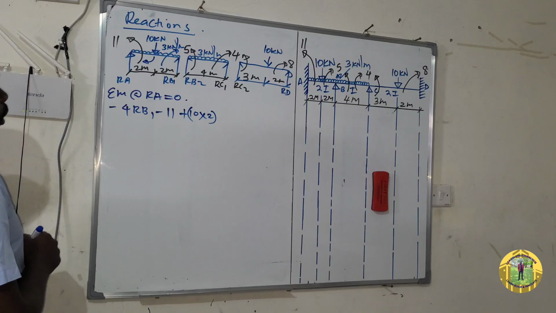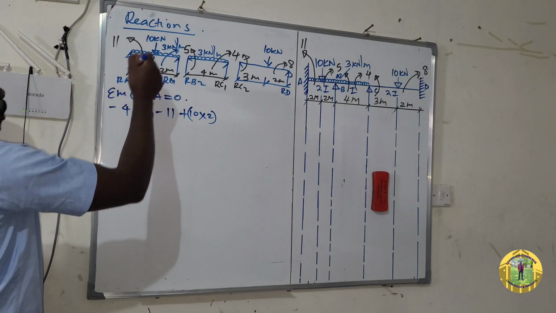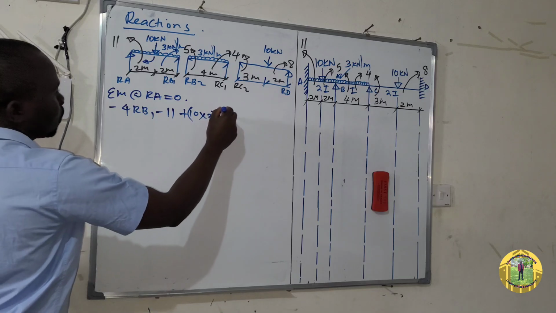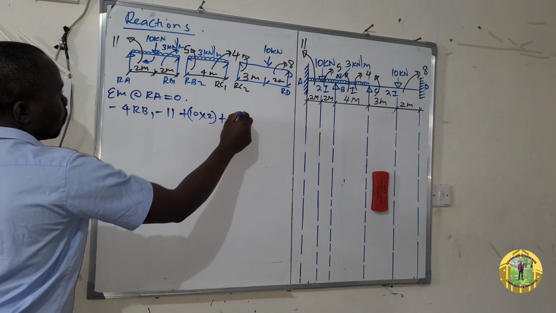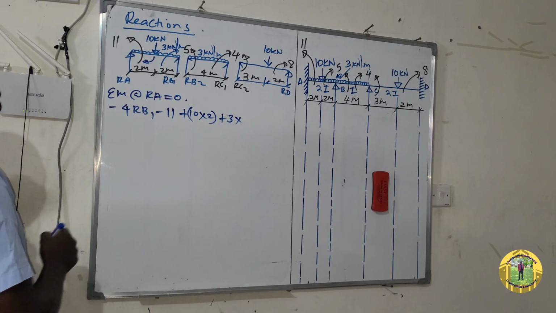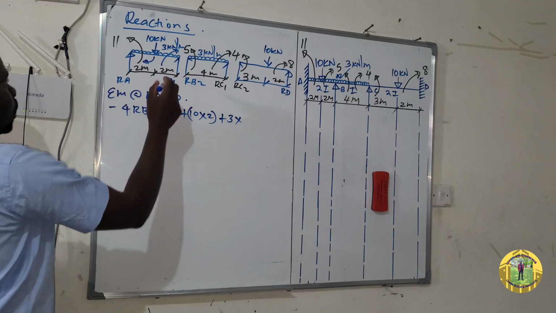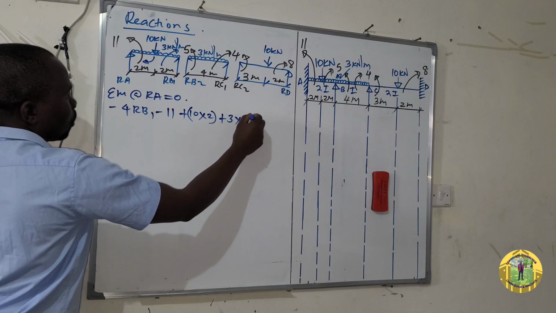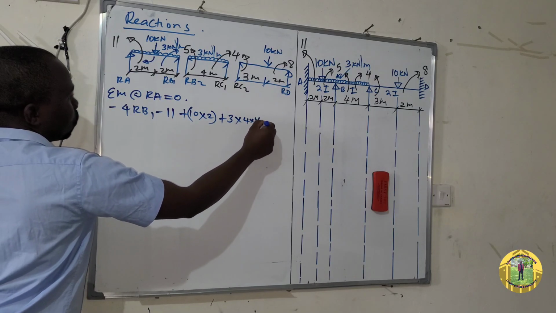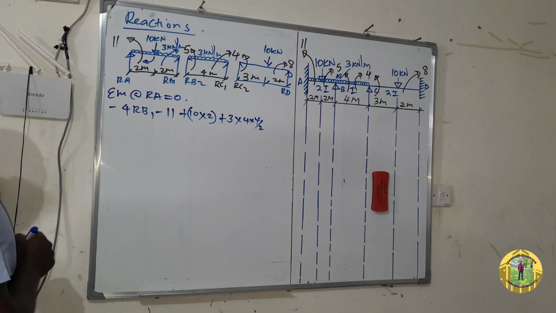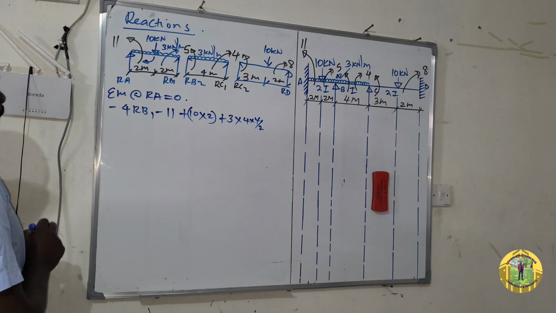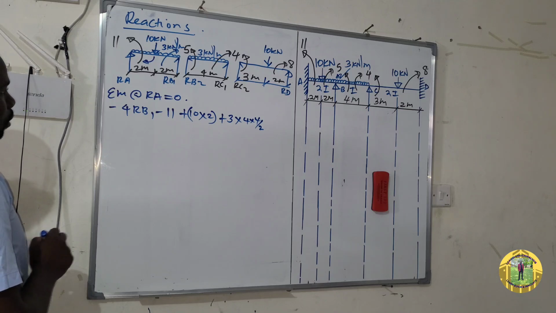We'll come to a UDL, which is 3 kilonewton per meter. It is moving in clockwise direction, plus 3 times the distance covered, which is from here to here, that is 4 times 4 over 2, because the moment for UDL acts at the center of the distance covered by that UDL.